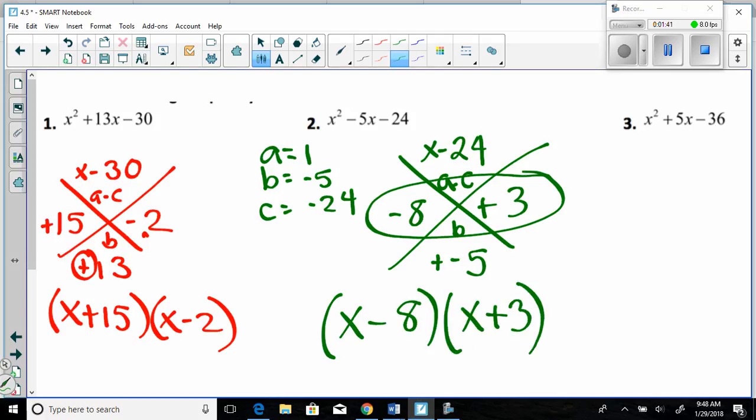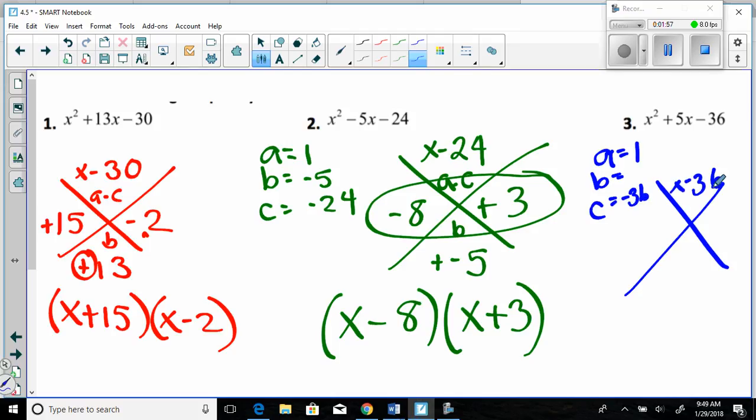Beautiful. Who got that if you did this problem? Awesome. Who was the last one? Did you do number 3? Okay. You make X, and A is 1 and C is negative 36, and B is 5.